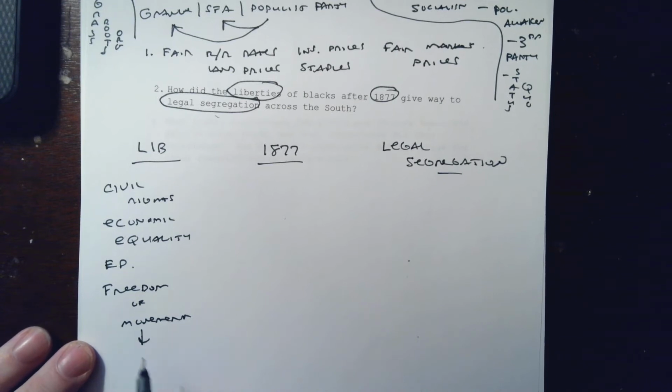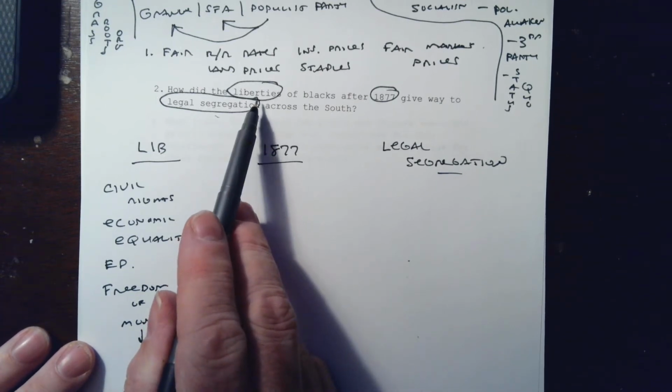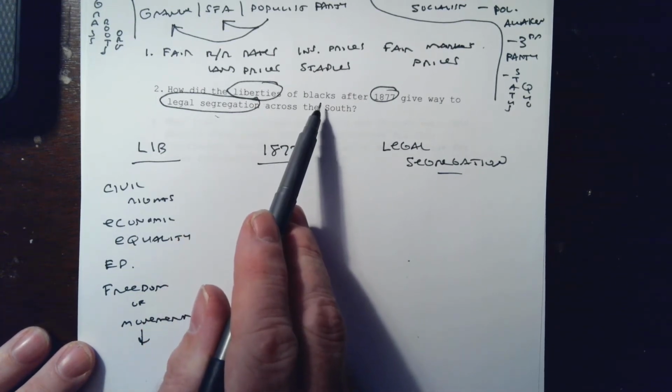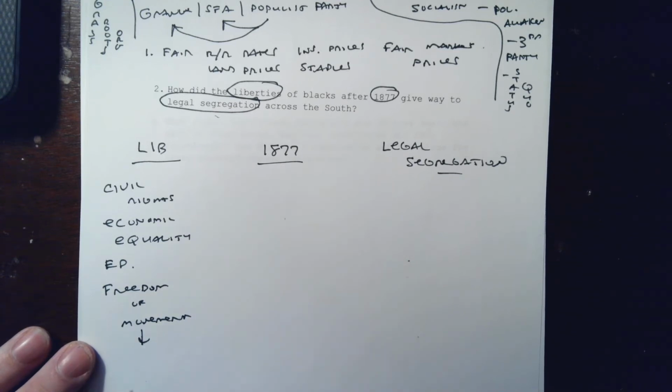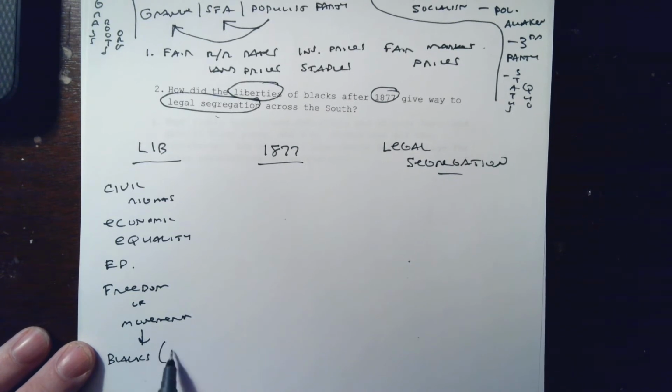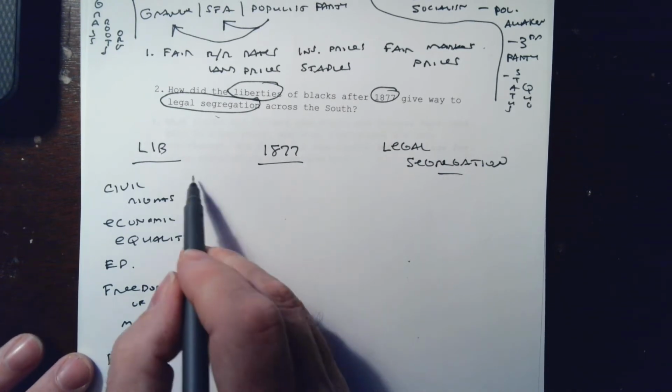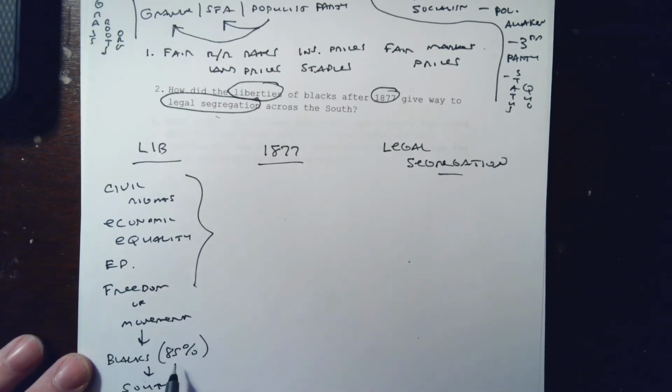So what you're basically going to do is, what were the civil liberties of blacks? Now, with blacks, you want to be specific here, because you're talking about 85% of the blacks living in the South. So you're not only going to tell me what the liberties are, you're going to tell me statistically how many blacks there were and where they were located, right?